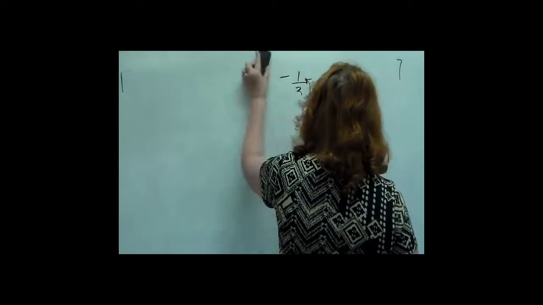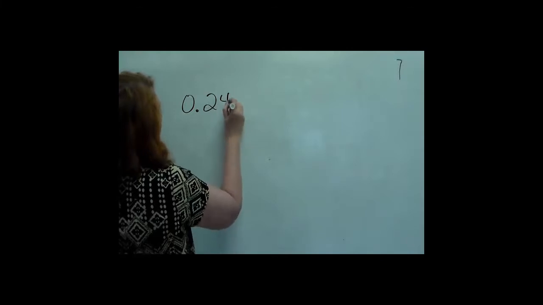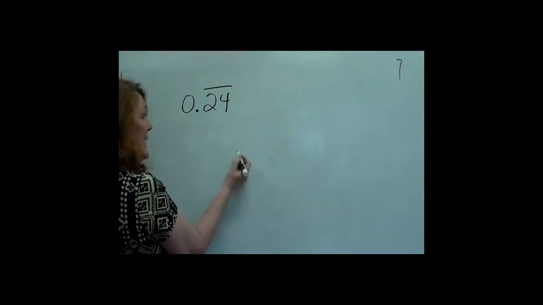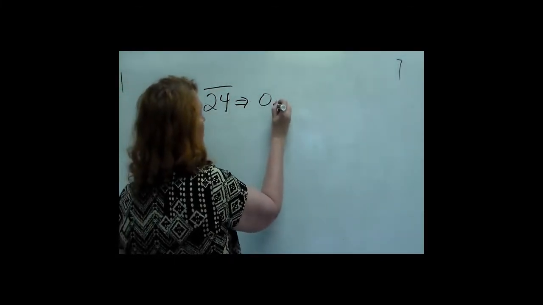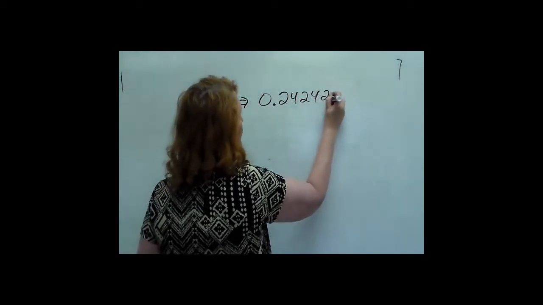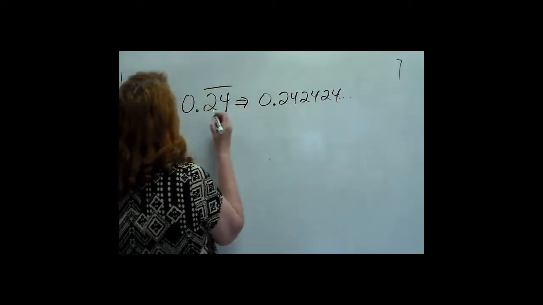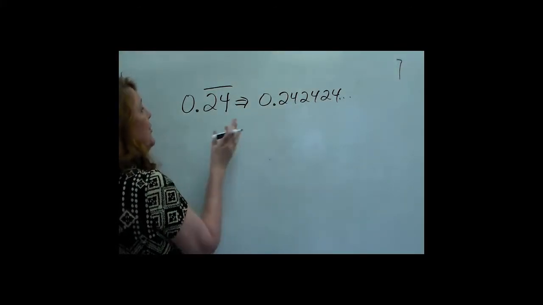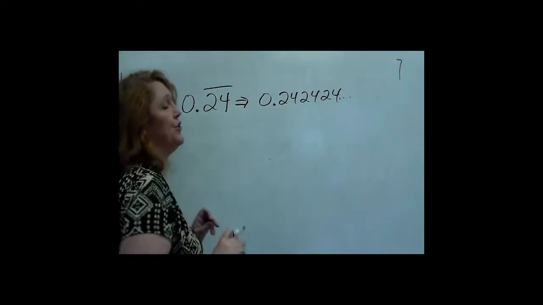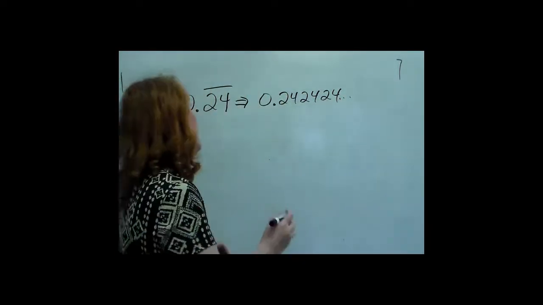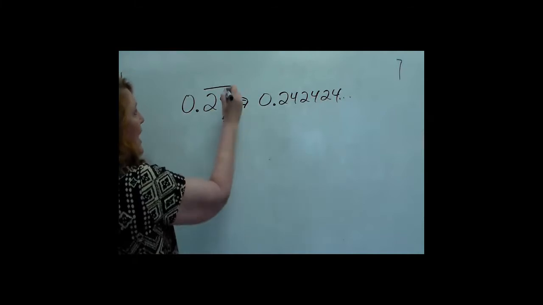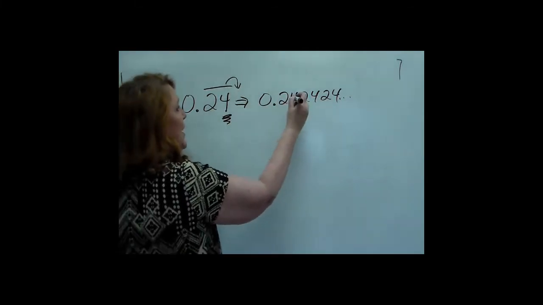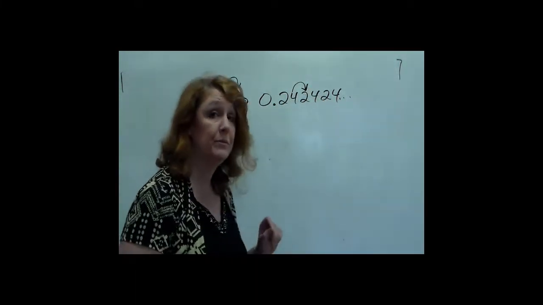Let me walk you through the bar. 0.24 bar means 0.242424, and everything that's under the bar gets repeated. So if it gives you 0.24 bar and it asks you to round to the nearest hundredth, you have to look next door, and this next number is a 2.